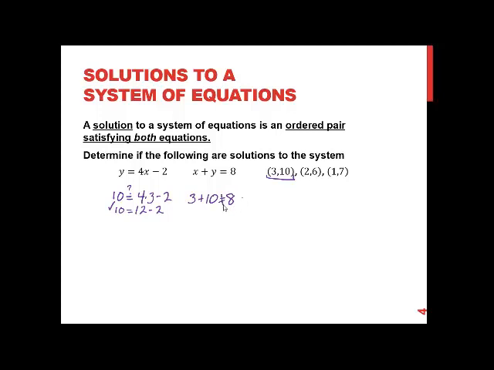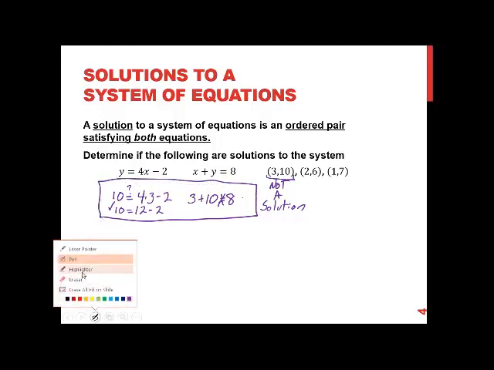It does not satisfy the second one. So 3, 10 is not a solution. So even though it satisfied one equation, it needs to satisfy both, so that is not a solution.